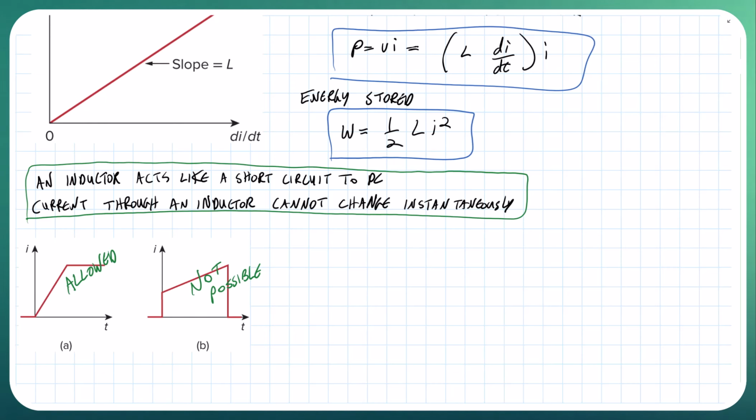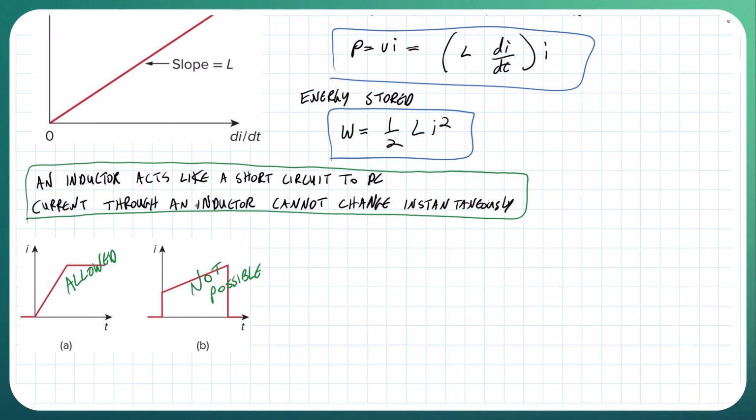So let's go ahead and summarize. This is a summary of two points I want you to take away from the inductor. It does not dissipate energy stored in it if we're assuming an ideal inductor, and the energy stored will be returned to the circuit later. But of course, in reality, inductors do have internal resistance due to the wiring used to make them.